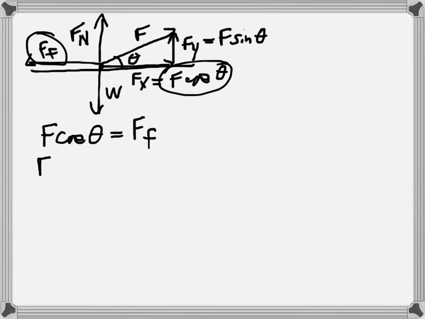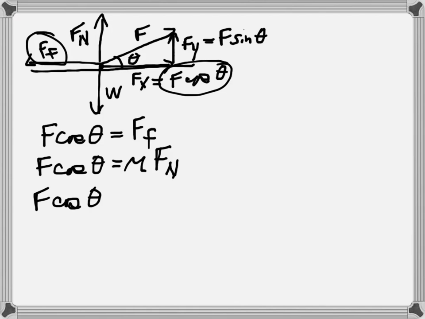And then we know that the equation for friction is mu times the Fn. And then F cosine of theta would equal mu times, what is Fn? Well, we have Fn is an upwards force.